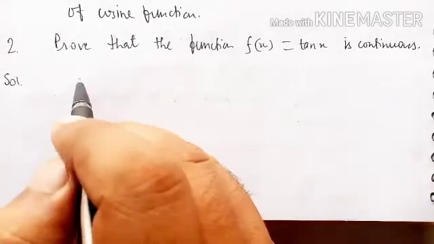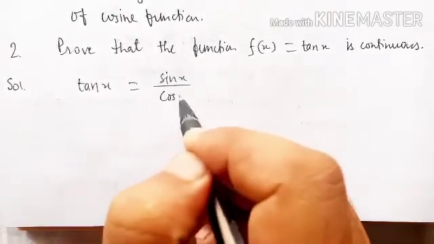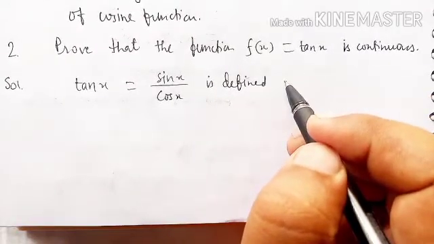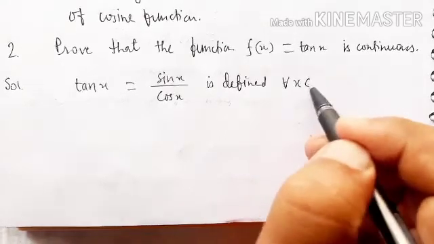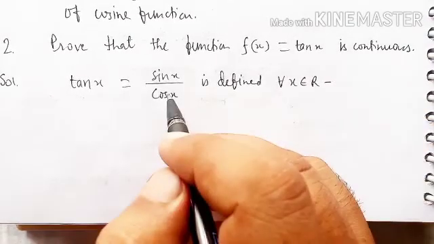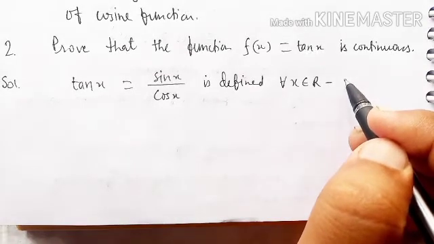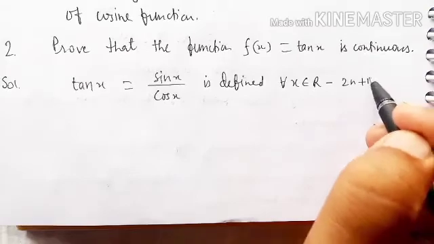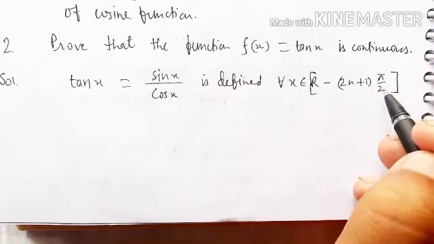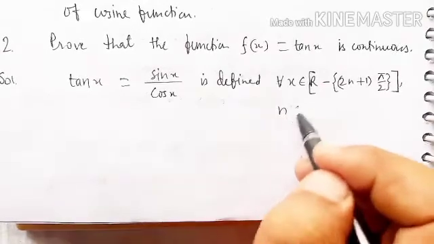So we know that tan x is equal to sin x by cos x, defined for all x belonging to R except those values where cos x is undefined, that is (2n plus 1) pi by 2, where n belongs to the set of integers.